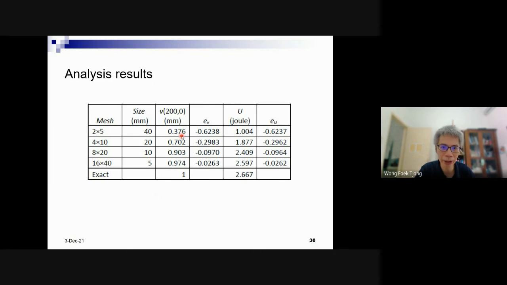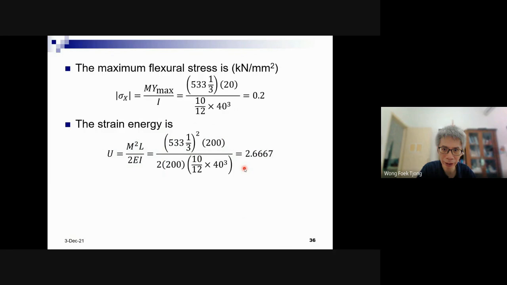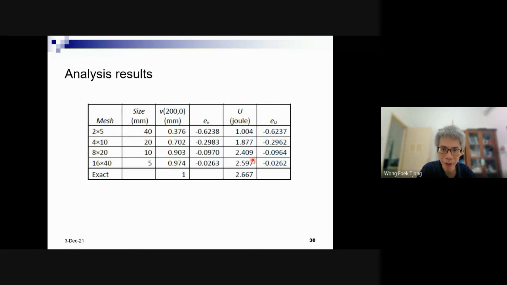This is the error in the deflection: 62% when we use this mesh. The error in the strain energy is also around the same, because the exact strain energy is 2.67, but the computed strain energy is too low. The error is about the same.